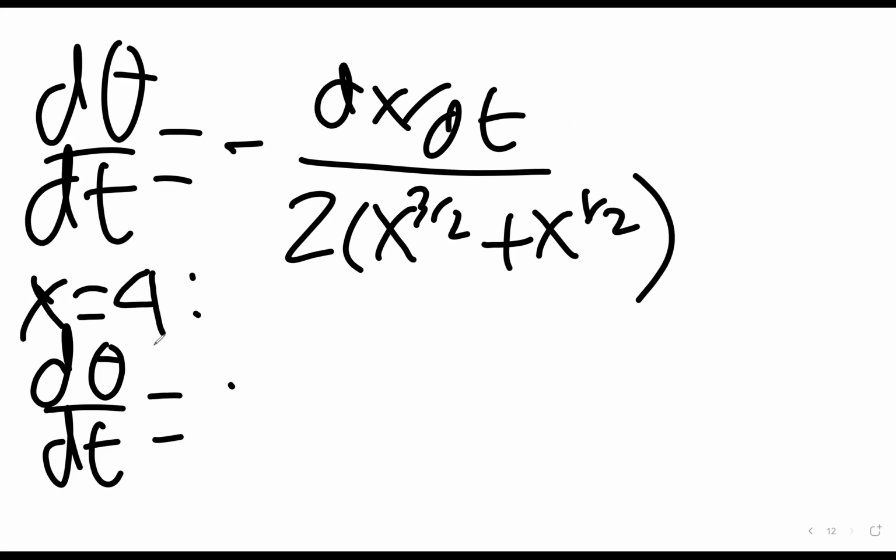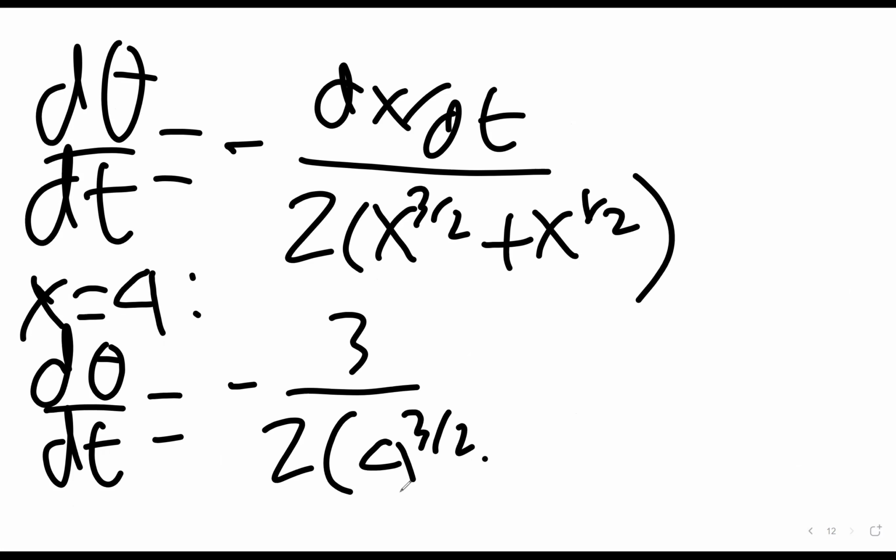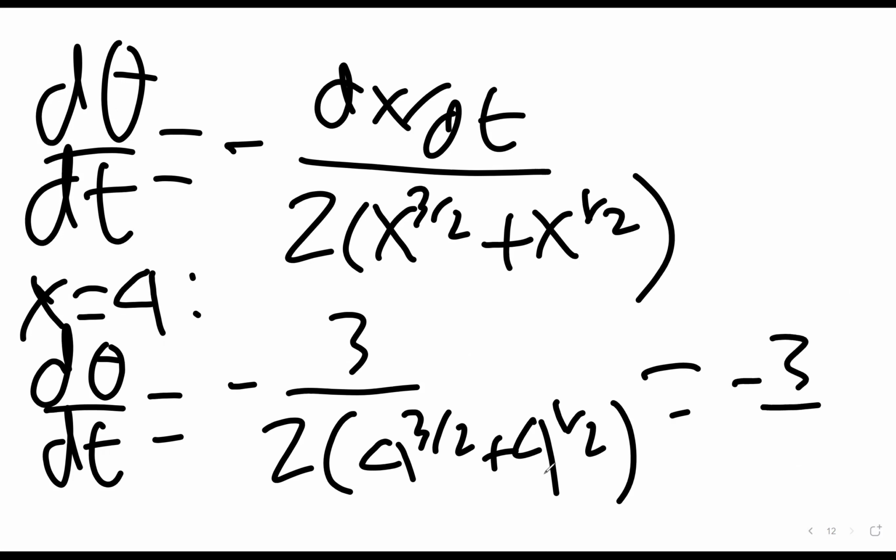So that would be minus 3 over 2 times 4 to the power 3 over 2 plus 4 to the power half. We simplify this. I have 4 square root of 4, 8 plus 2, which is 10, so minus 3 over 20. That's the result.